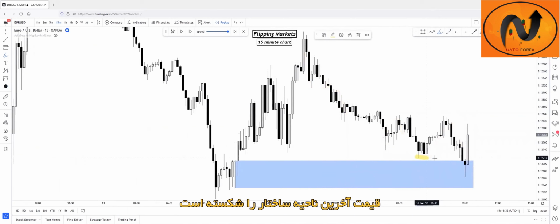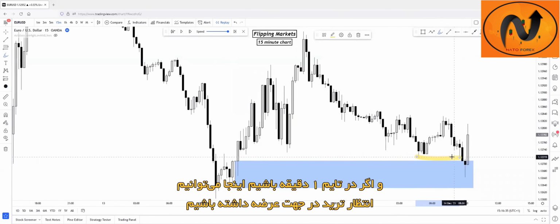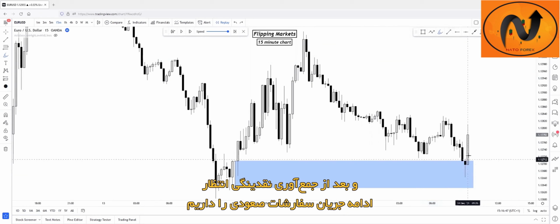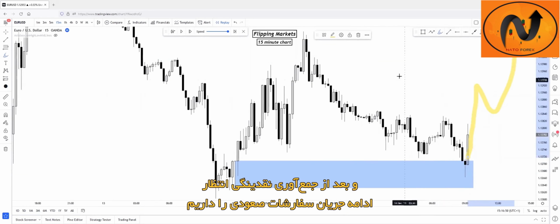Price broke through this last structural point, so we can expect a supply trade here if we are on the 1-minute chart. But we know that it was just a liquidity sweep and not a break of structure. And after a liquidity sweep, we expect the order flow to continue.